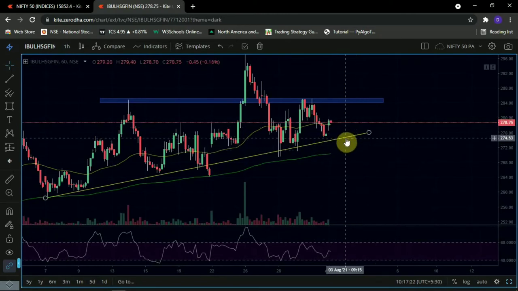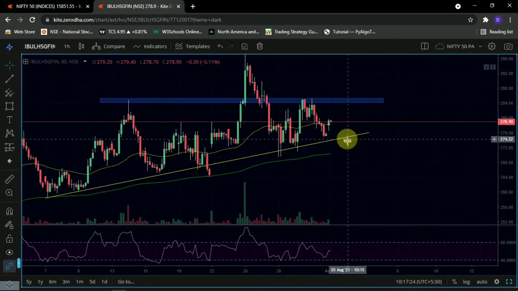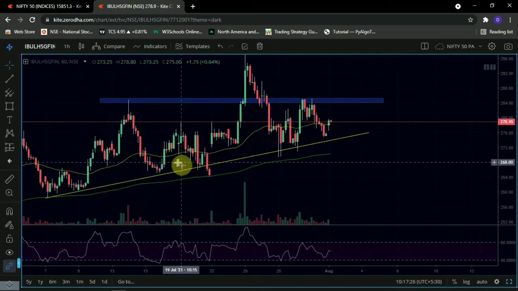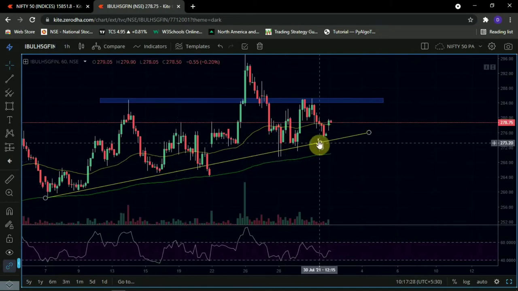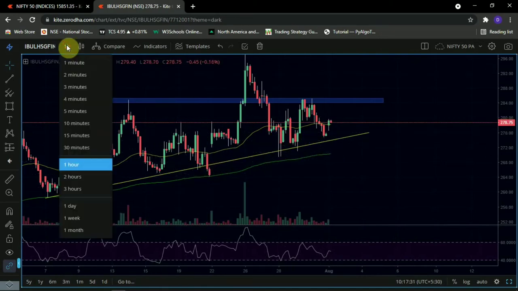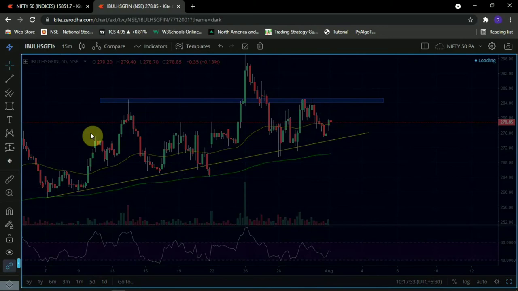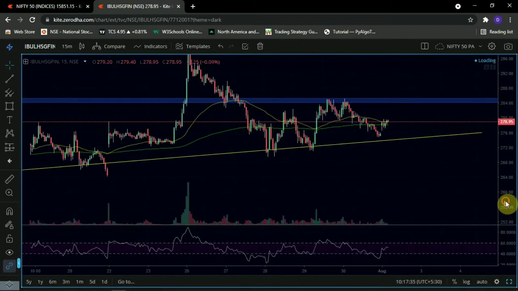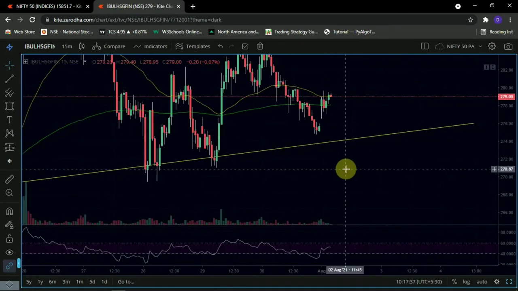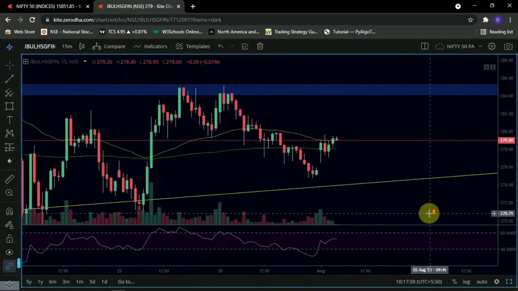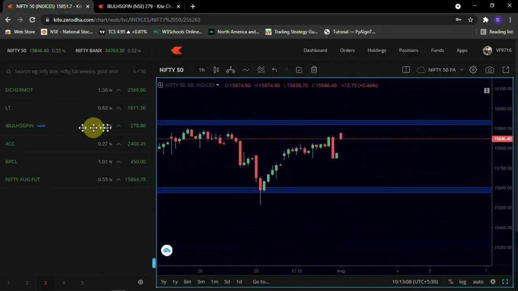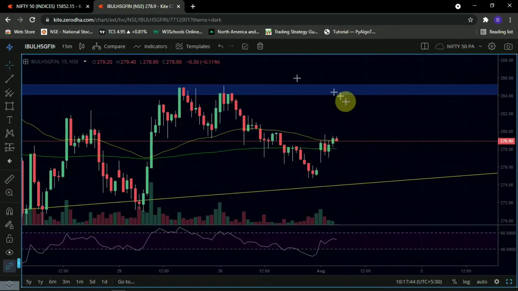There is a little less probability that it can break this trend line. Of course, it is getting weak after getting so much rejection from the trend line. Let us see what can happen here. It is already up by 1%.